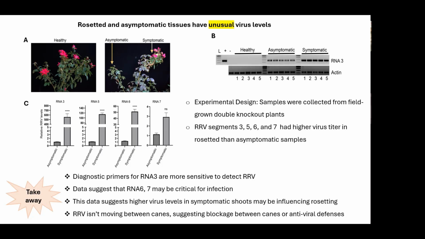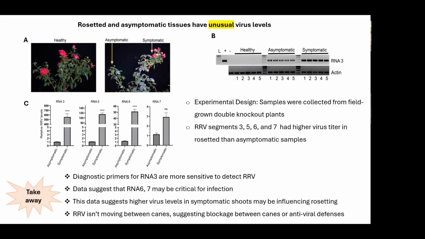The other thing we can take from this is that RNA6 and RNA7 can be critical for the infection, because there are also fold change differences between symptomatic and asymptomatic. This data suggests that higher virus levels in the symptomatic shoot may be influencing the rosetting.